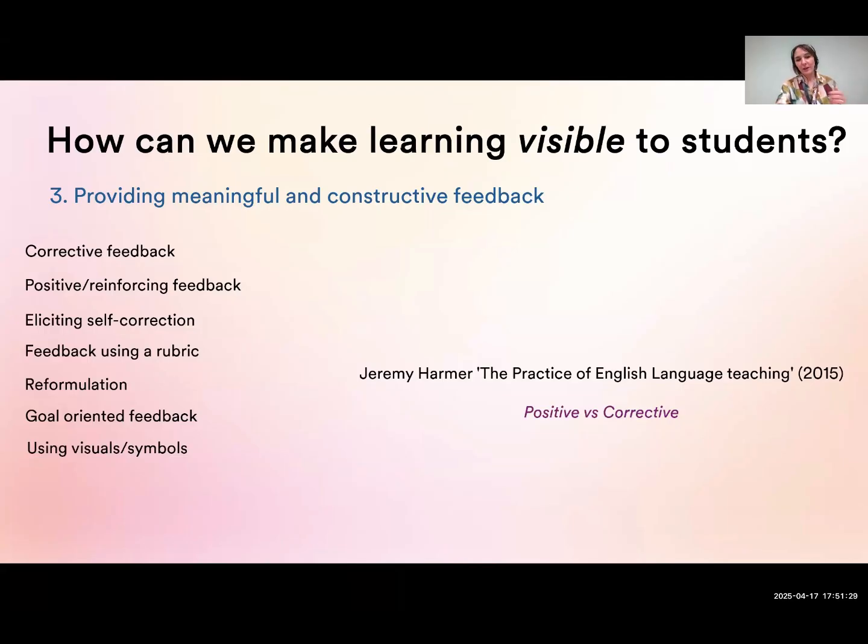On the left, there is a list of ways we can give feedback. We can ask them, we can elicit from them. So rather than correcting them ourselves, make them rephrase themselves using a rubric.